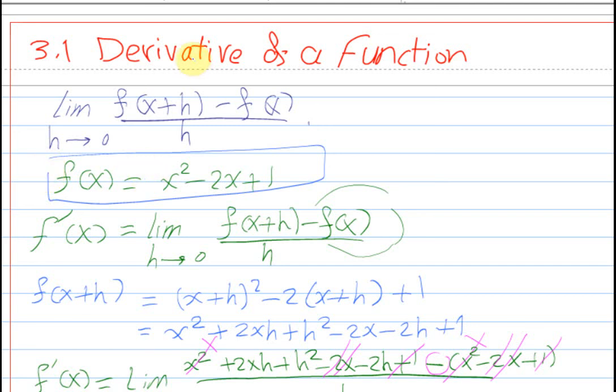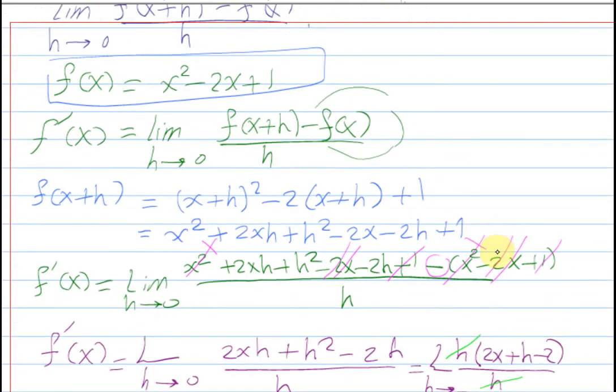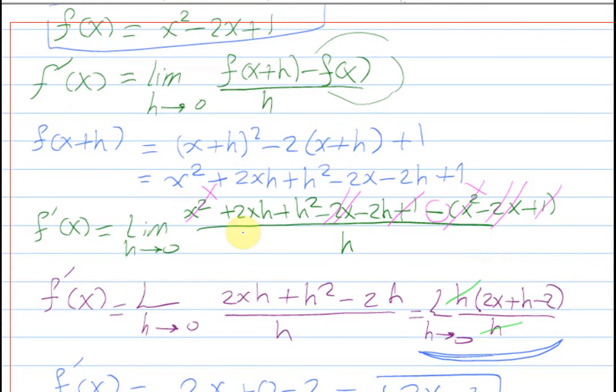I calculated f of x plus h. And I put it in the formula, minus, and I put f of x again. Every element in f of x will disappear with another one of f of x plus h. And we have only some elements containing h in each one of them. So we take h a common factor, simplify it with the h in the denominator, and then write what is left with limit as h approaches 0, it was only 2x minus 2.